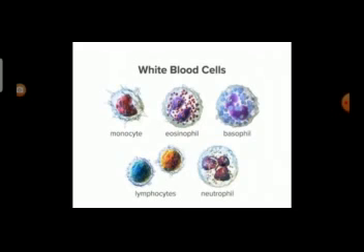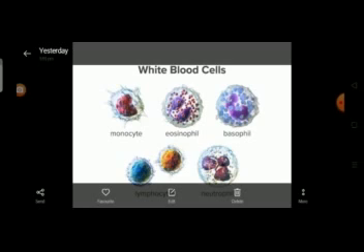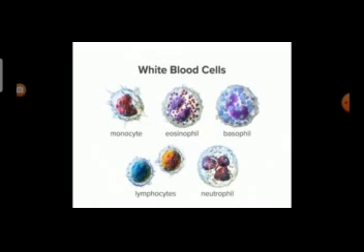There are two types of WBCs: granulocytes and agranulocytes. Granulocytes have irregular shaped nuclei and cytoplasmic granules. They include the neutrophils, basophils, and eosinophils. Agranulocytes lack cytoplasmic granules and include the lymphocytes and monocytes.